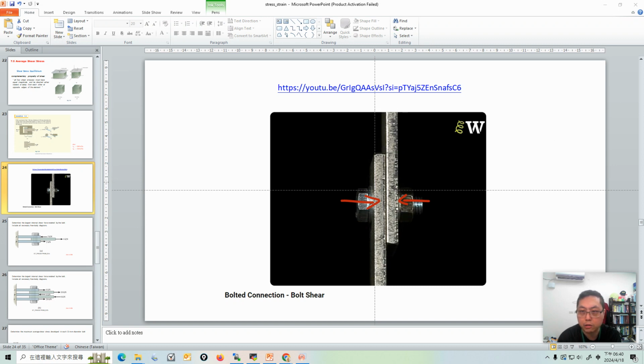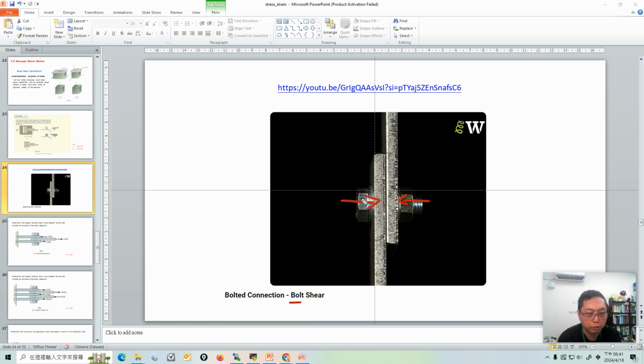But at the same time, the bolt has another function. It's not only to clamp these two materials, it can also resist the shear force between these two pieces.